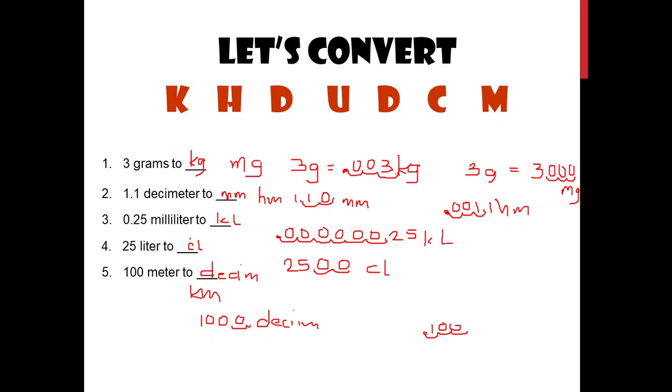So my new decimal place is here. Therefore, 100 meter is equal to 0.1 kilometer. Again, it's very important that you need the new unit of measure after converting the previous measurement.